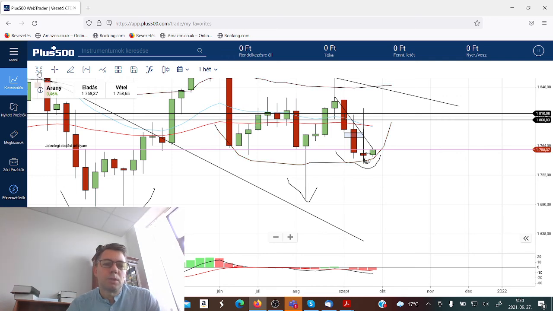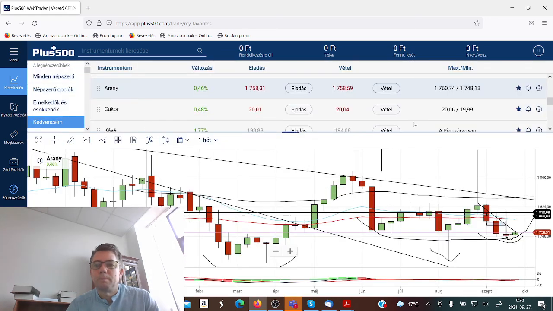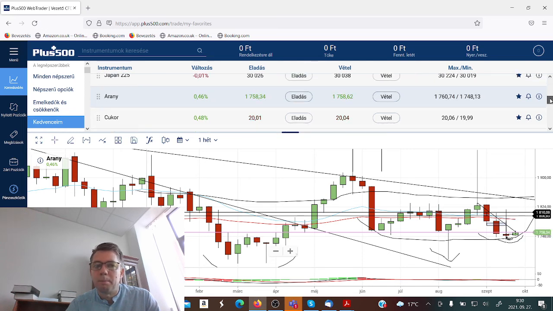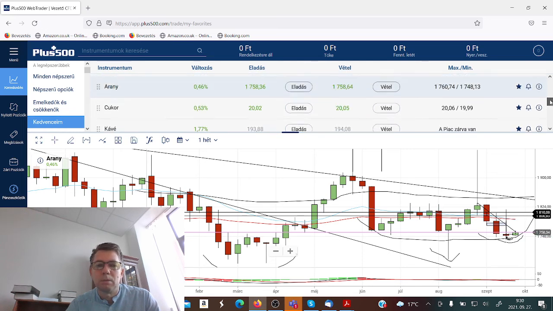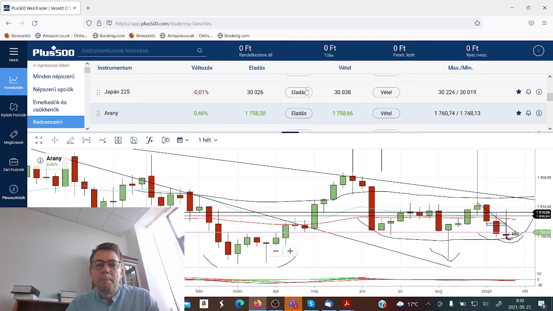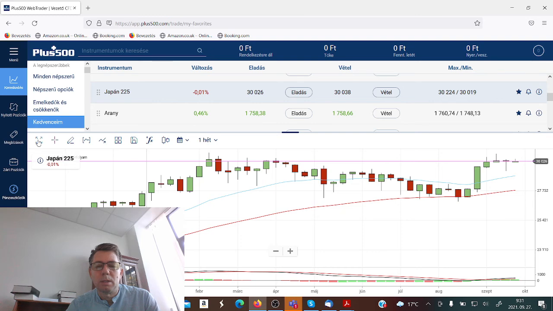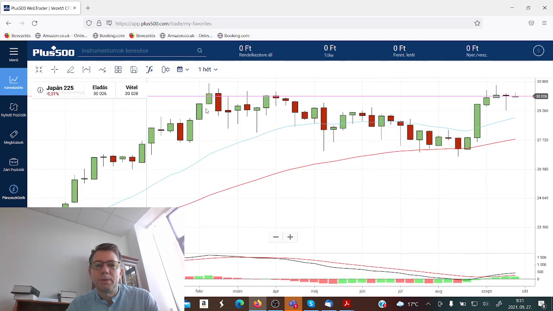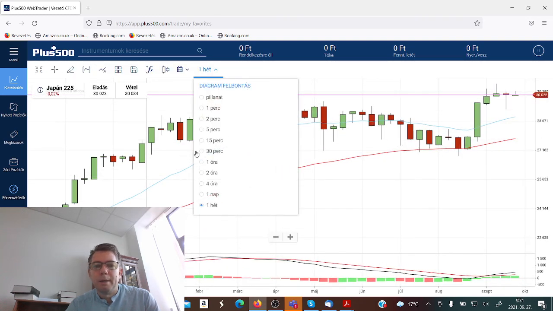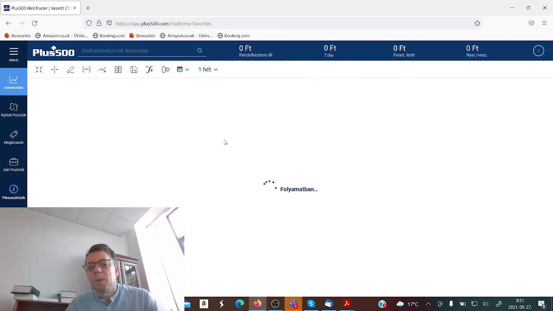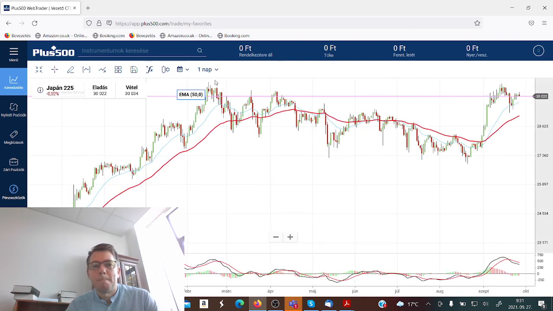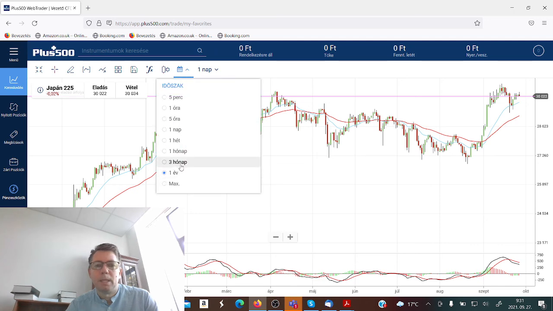I also noticed other things, but I'm already in, and these things, oil and Nasdaq, are playing out, so I don't want to talk about that. But maybe the Nikkei, the Japanese index, is interesting. This is the Nikkei, and this is the daily chart.